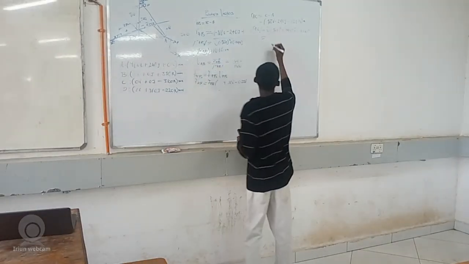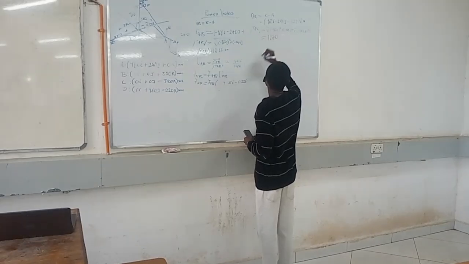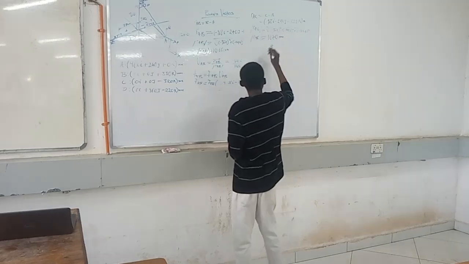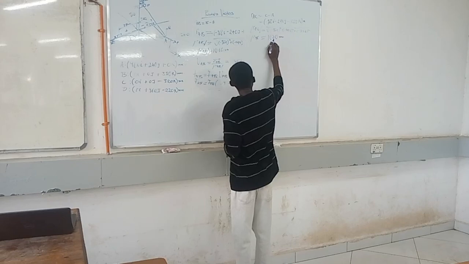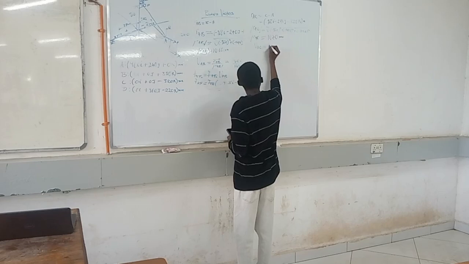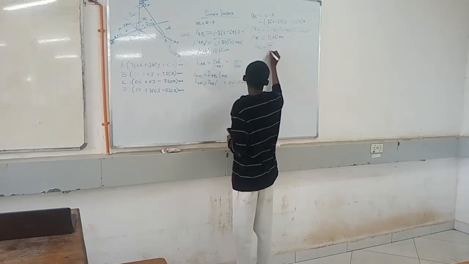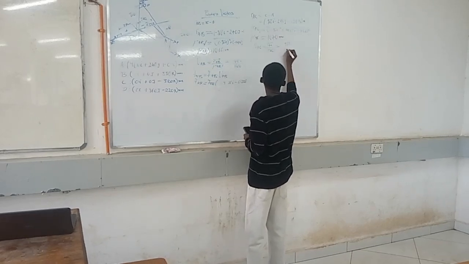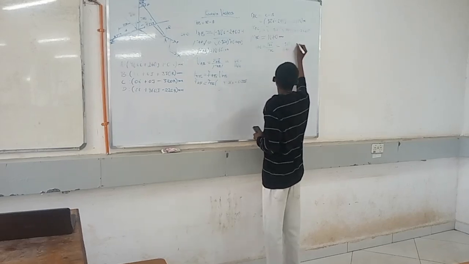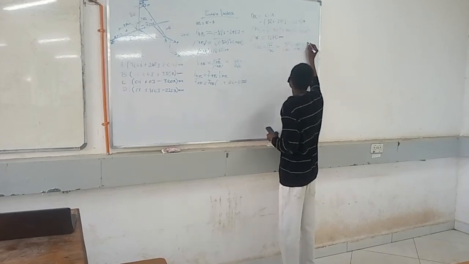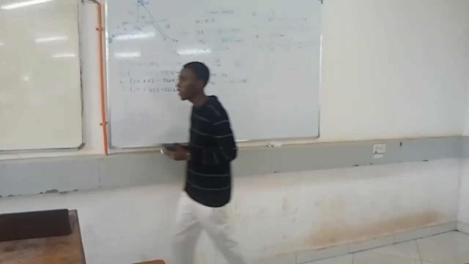It is 1040 millimeters. The unit vector of AC is AC over the magnitude of AC, which is negative 960 over 1040 I, minus 240 over 1040 J, minus 320 over 1040 K. That is the unit vector of AC.